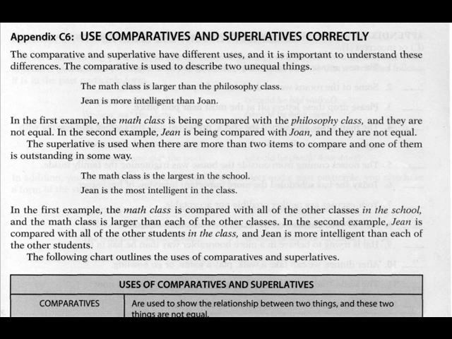In the first example, the math class is compared with all the other classes in the school, and the math class is larger than each of the other classes. In the second example, Jean is compared with all the other students in the class, and Jean is more intelligent than each of the other students.